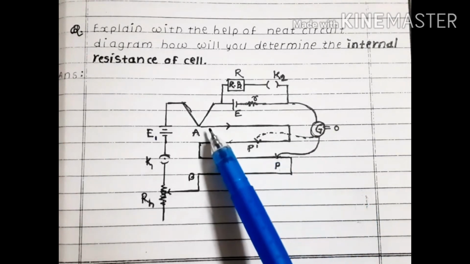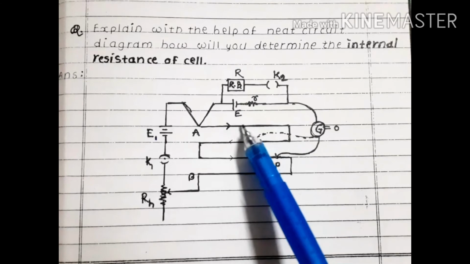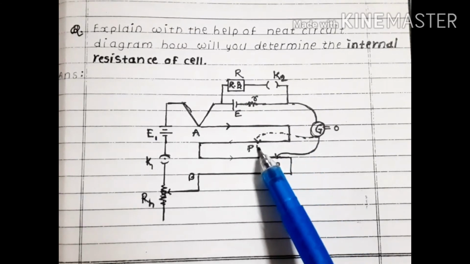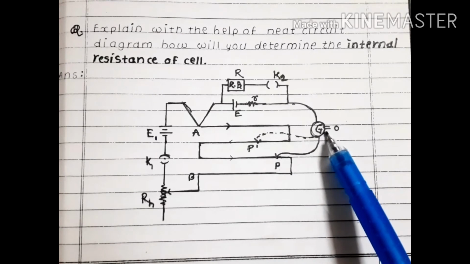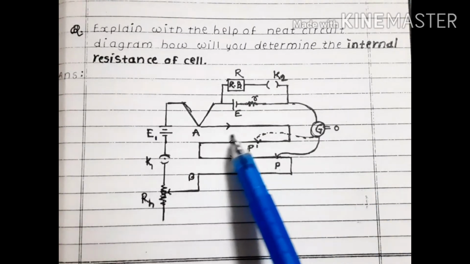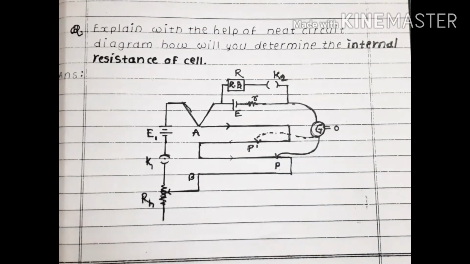Then you start touching the jockey at various points on the potentiometer wire, and you obtain the point P dash at which once again the galvanometer shows zero deflection. Then you measure the distance AP dash, and it is L2. Here L2 is nothing but the balancing length for the external PD.